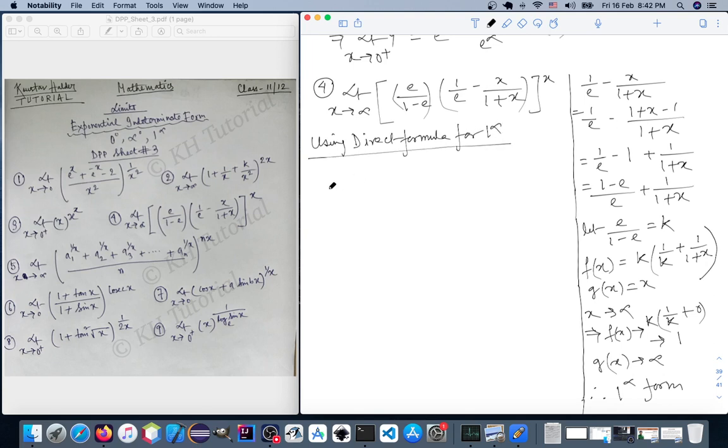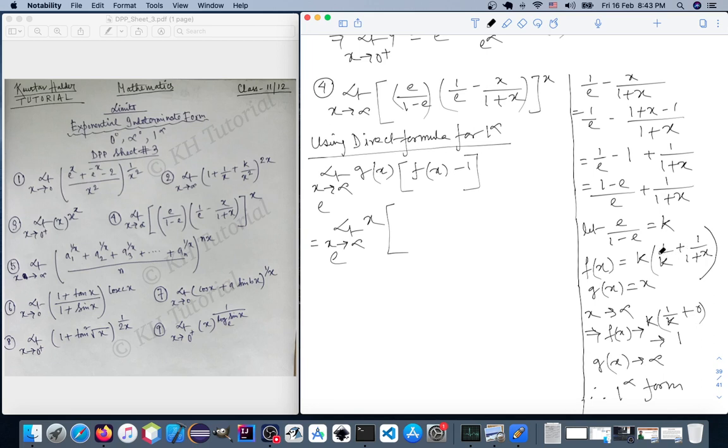We have the result e to the power limit x tends to infinity g(x) multiplied by (f(x) minus 1), which in this problem becomes limit x tending to infinity, g(x) is x, and f(x) minus 1. What is f(x)? f(x) is k into (1 by k plus 1 by 1 plus x).